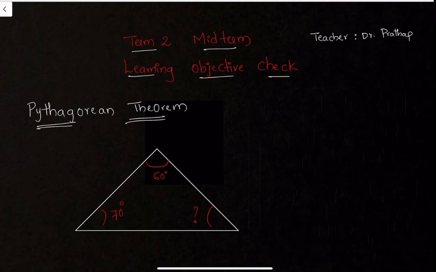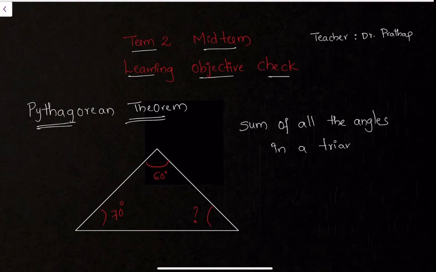The first lesson, out of the two lessons, that we are dealing with is the Pythagorean theorem. In this concept, the very basic question that you all should know is: sum of all the angles in a triangle.